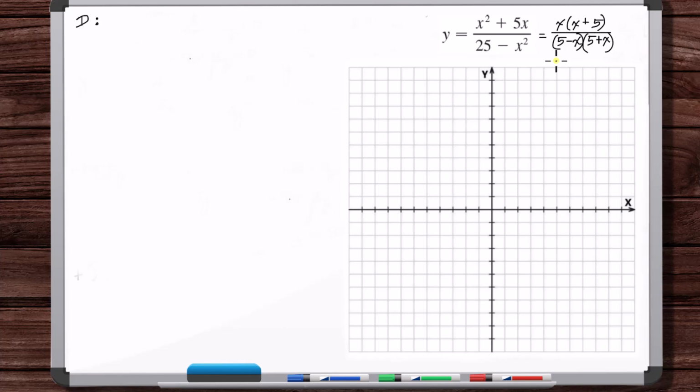And what we can also do is take out a -1 to make this x minus 5. And then this we could make x plus 5. 5 plus x is the same thing as x plus 5.